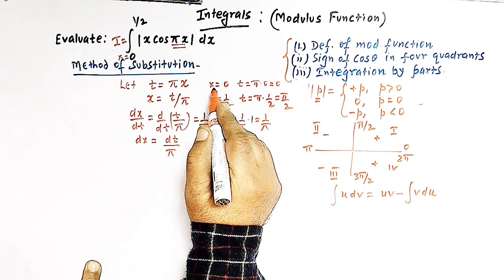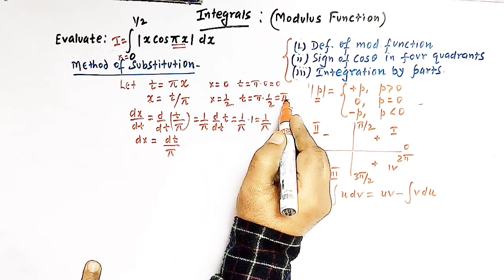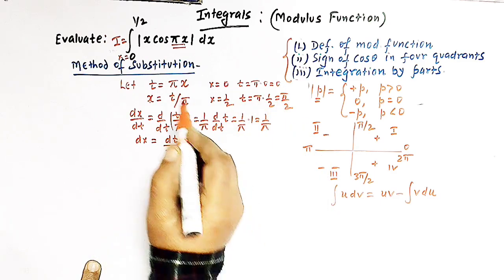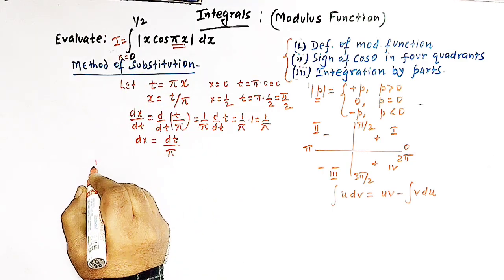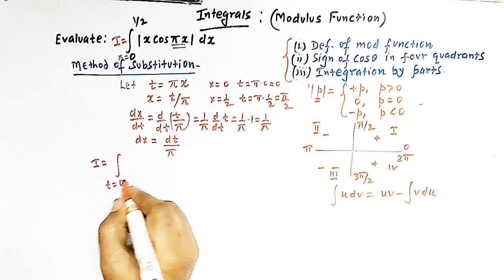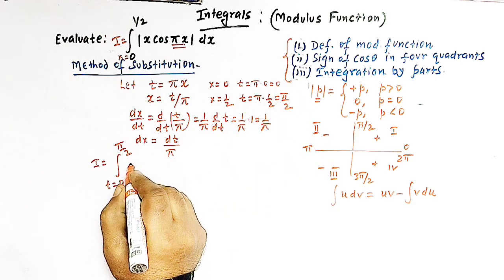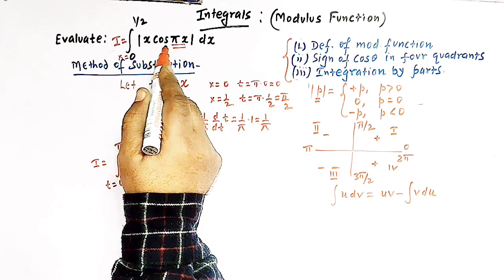So when x goes from 0 to half, then t changes from 0 to pi by 2. So let us now write this integral I in terms of t. So we have here t is equal to 0 to pi by 2, and then we have mod of x times cosine pi x.